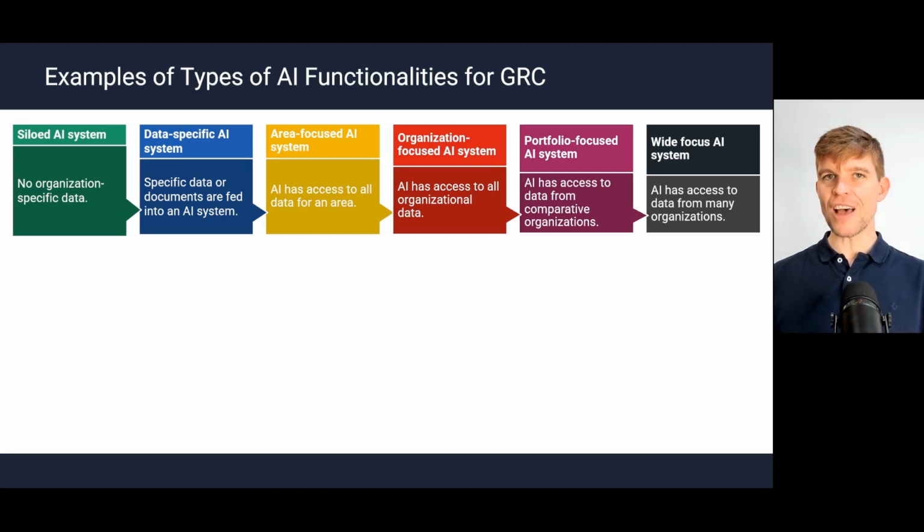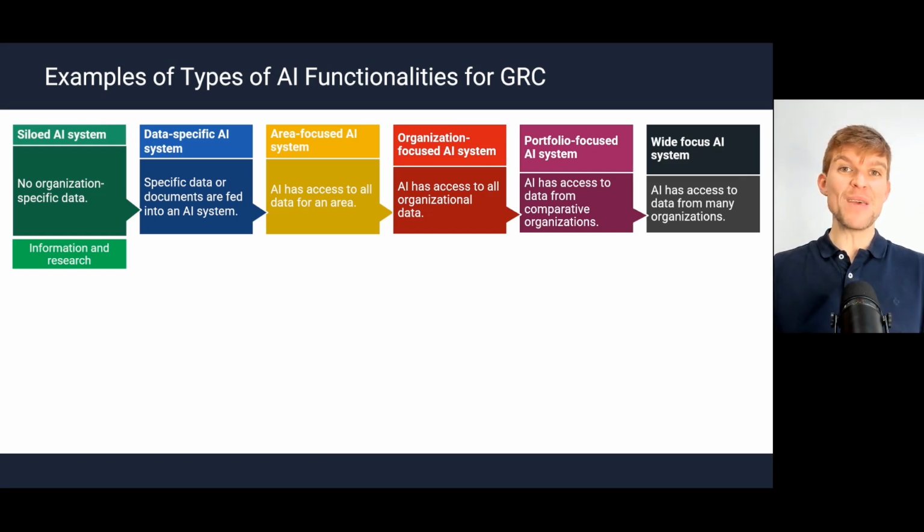If you have a siloed AI system, it only has access to public information that's been fed into these big public models like ChatGPT, Copilot, you name it, and these are useful for information and research. But it's going to be extremely limited when it comes to saying things about the particular organization that you work for, because maybe your organization has had a few news articles written about it.